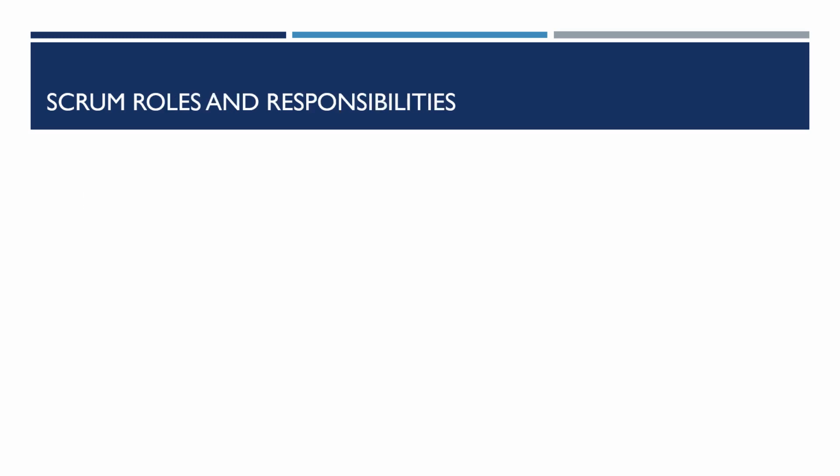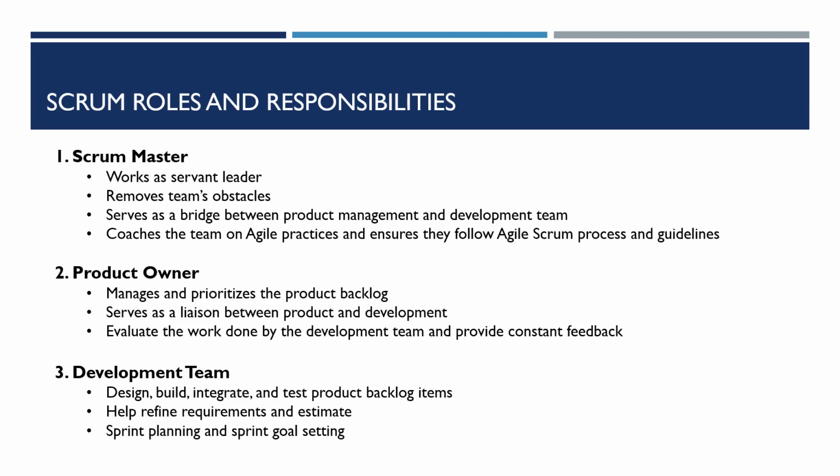Now we'll talk about Scrum roles and responsibilities. Scrum talks about 3 roles. Those are Scrum Master, Product Owner, and the development team. A Scrum Master is a servant leader, meaning this role is always there at the team's disposal to help and guide them wherever needed.